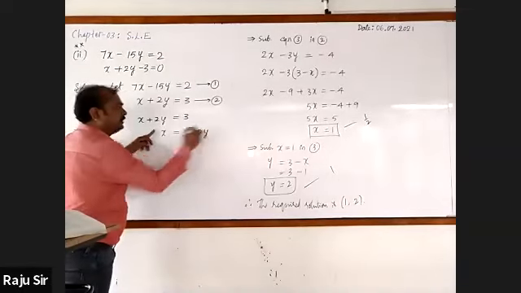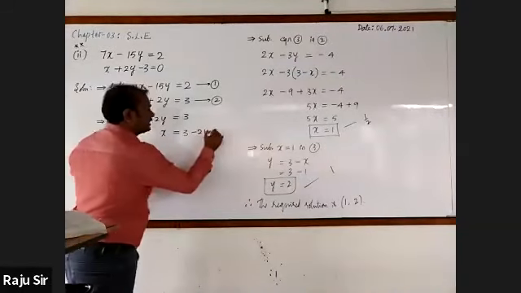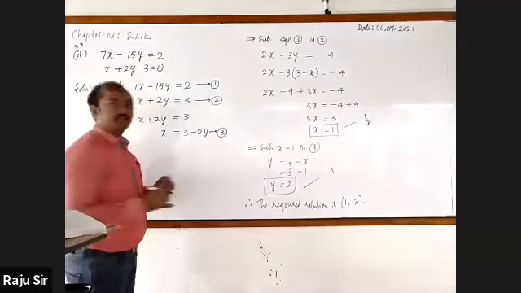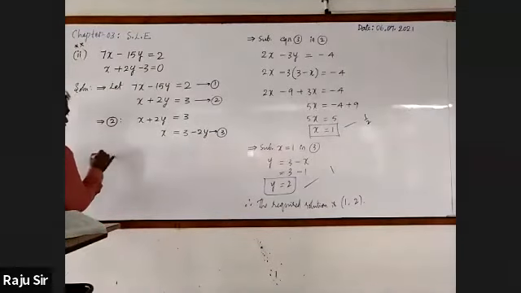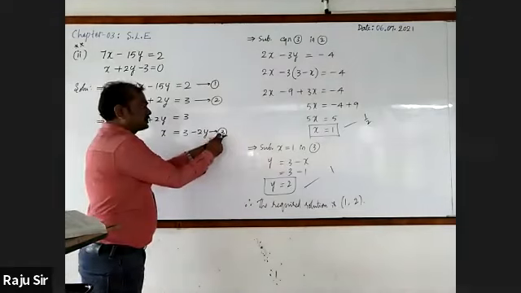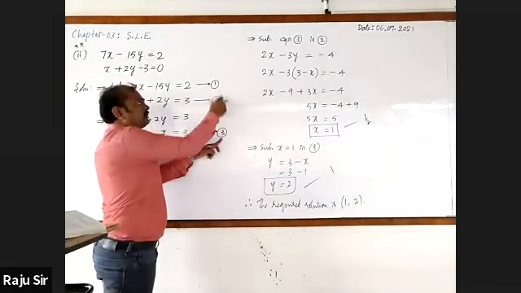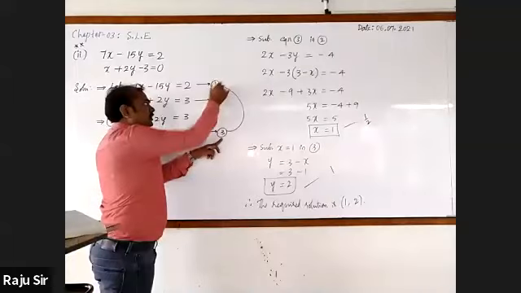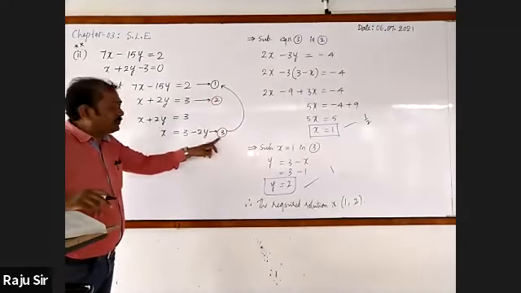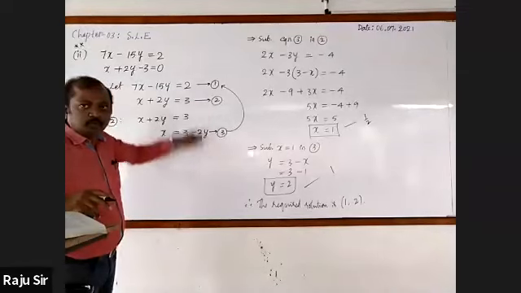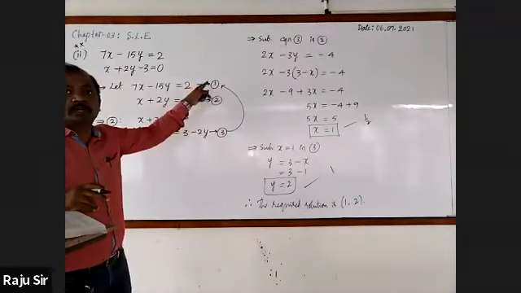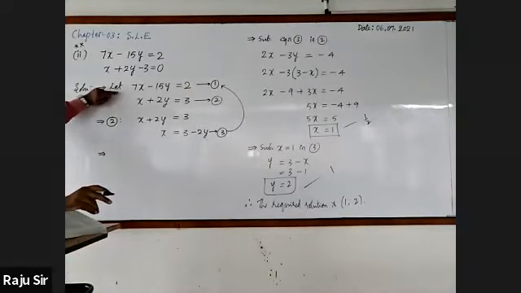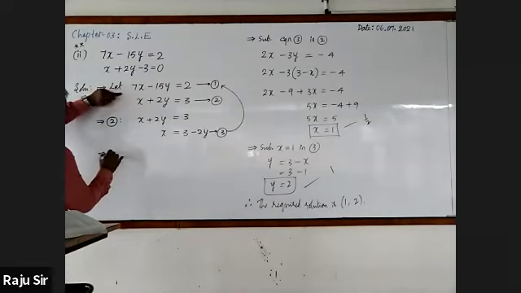Call it equation 3. Now tell whether you substitute equation 3 in 1 or 2. Equation 1, sir, because equation 3 is formed from 2. That is why it should be substituted in 1.